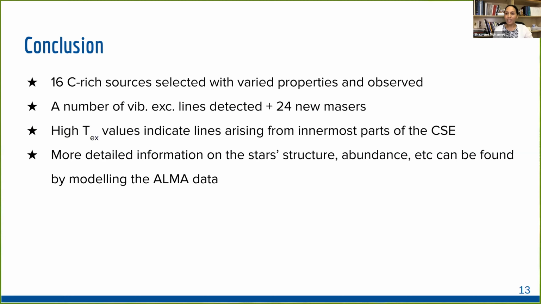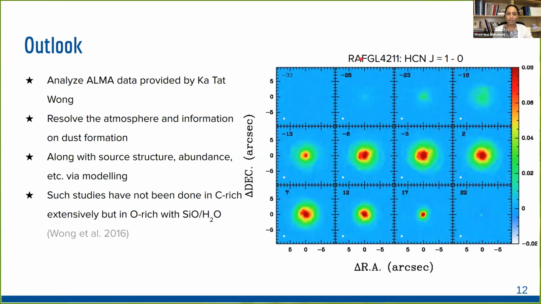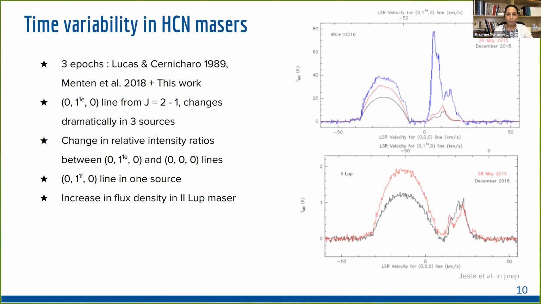I thought I saw a hand. Could you go back to the other plot where you had the 3 different epochs? Can you say what the expansion velocities were? I know that's really asymmetric, and maybe it's hard to determine, but how was that changing? Expansion velocity, I have not checked.